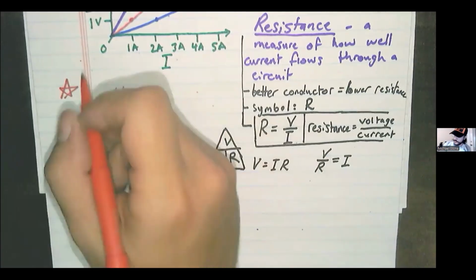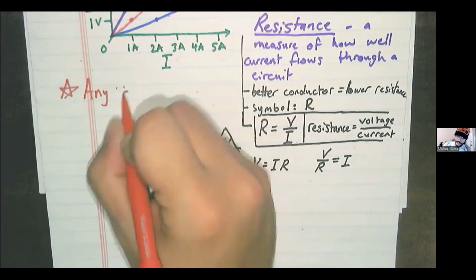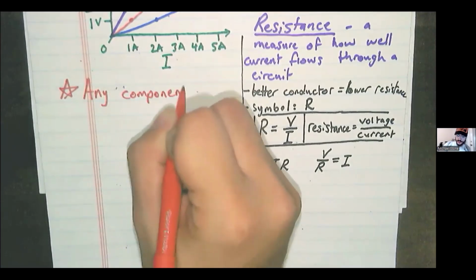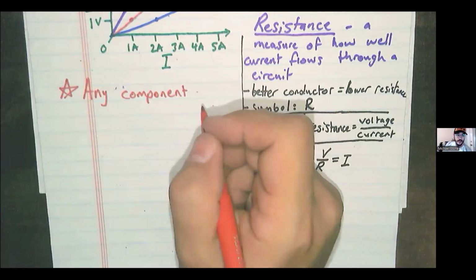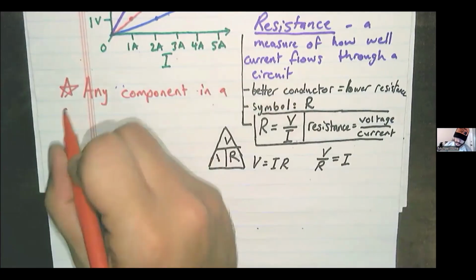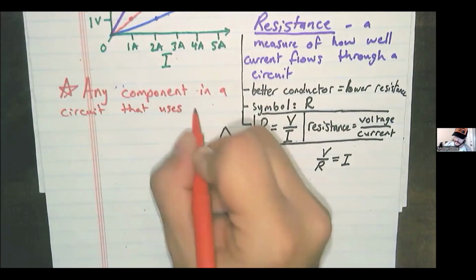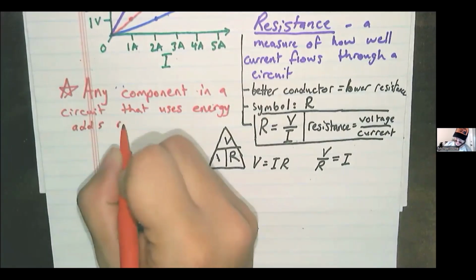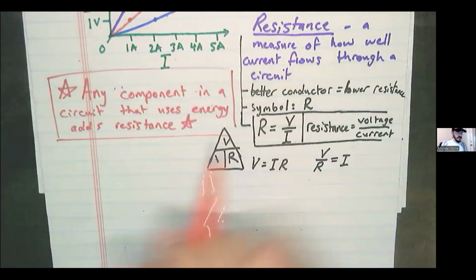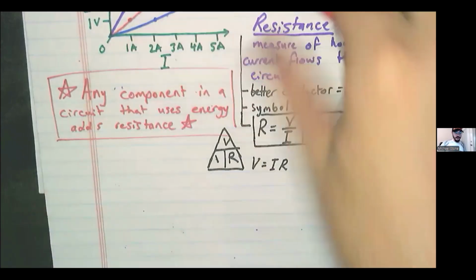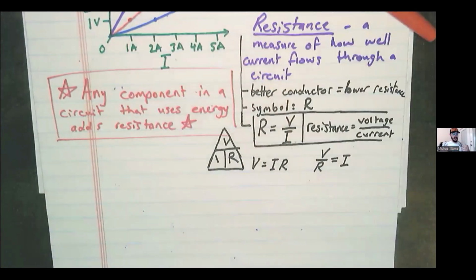A key important thing for you to remember. Any component in a circuit, I don't care whether it is a light bulb, a wire, a motor, a speaker, any component in a circuit that uses energy adds resistance to that circuit. So we often talk about resistors. A resistor is a part of a circuit added specifically to create a voltage drop, suck up some of that energy, and drop the current.